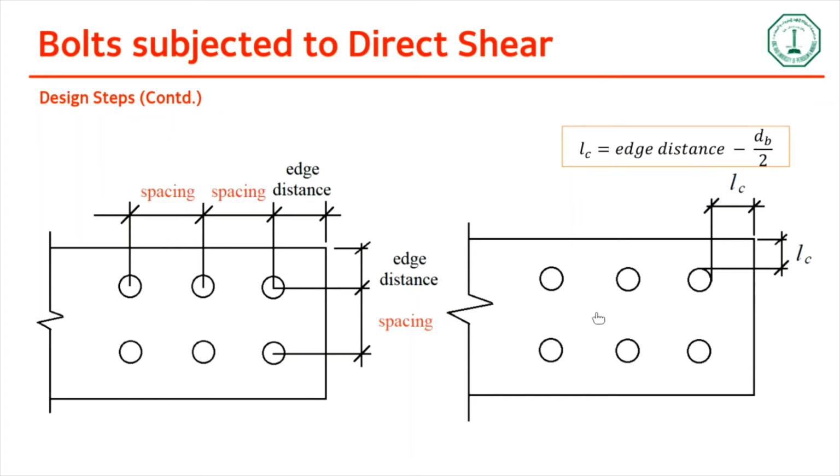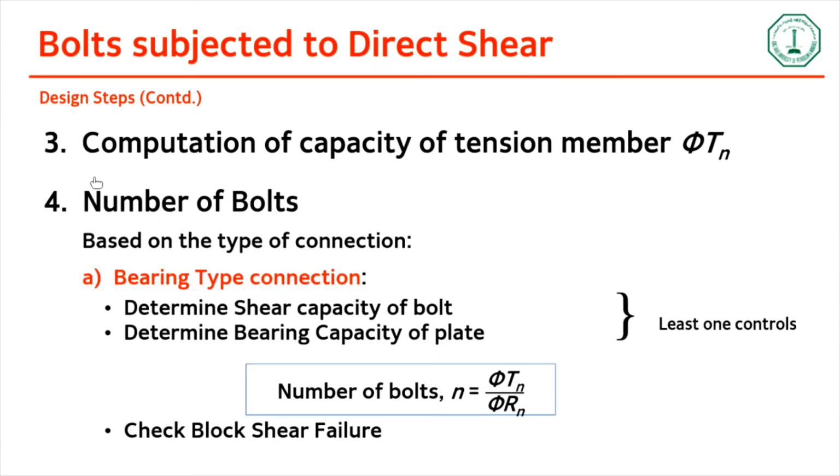Okay, so now the capacity of the tension member is based on what we already studied. If it's a compression member, it's the compression that is going to act at the connection. Or in some cases, for example, in the second problem that we'll do today, the ultimate load is given to you.